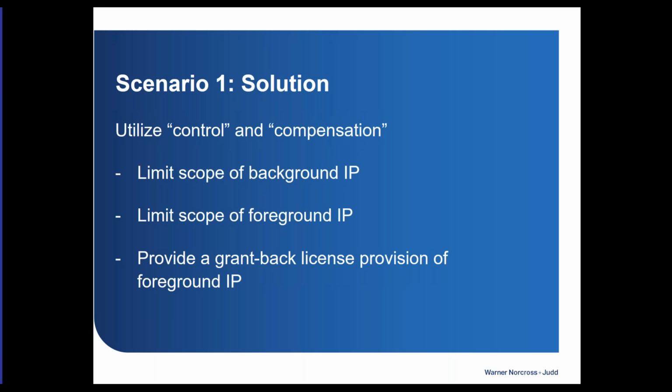In the agreement, we can require that the background IP is necessary to fulfill the requirements of the agreement. That way, any background IP that could be related to microvalves but is not necessary to fulfill the requirements of the agreement does not fall under background IP. And thus, Theranos will not get a non-exclusive license to that IP.